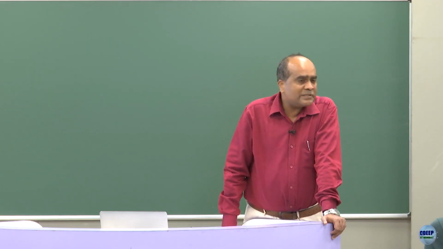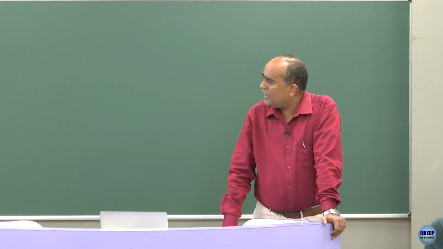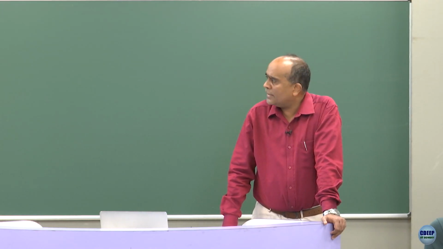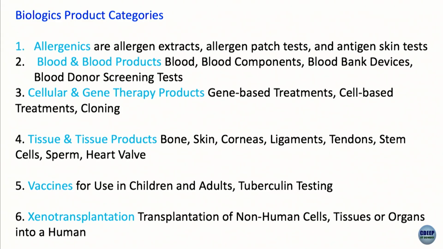So bone, skin, ligament, tendon, heart valve, all these can be called tissue and tissue products. Vaccines: from childhood we get vaccines, so all of us know vaccines develop immunity against any pathogen that attacks. Then xenotransplantation, right: these days organs can be transplanted, and if a bone is broken, a pig bone can be placed in a human. So this kind of xenotransplantation. All these come under biological products, right.